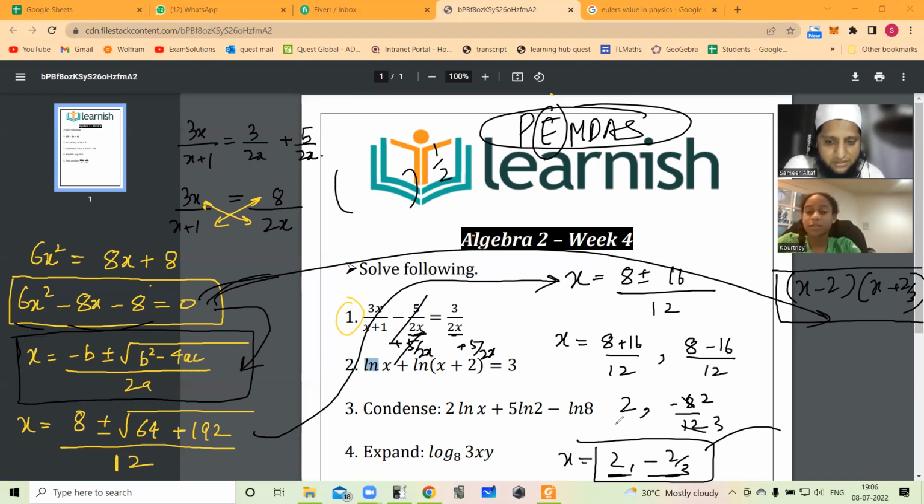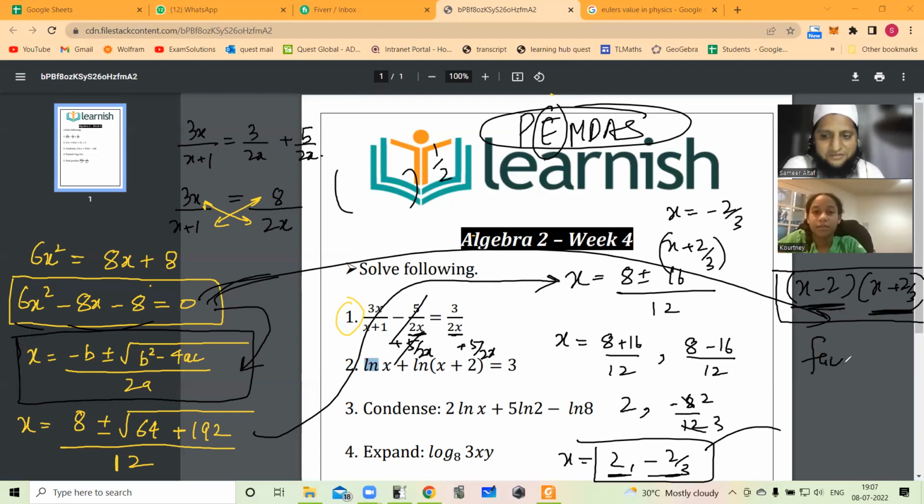And the other one, I know that x is negative 2 over 3. So when I add 2 over 3 to both sides, I get x plus 2 over 3 as another factor. So I got the two factors. Okay, so we have done the factoring, but by tricking the things. We have not thought about what the numbers could really be. We got the answers from the calculator, and then we used the factoring.